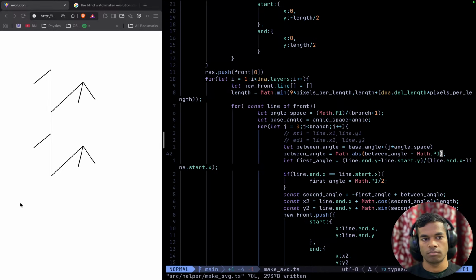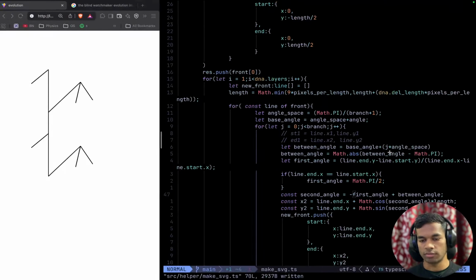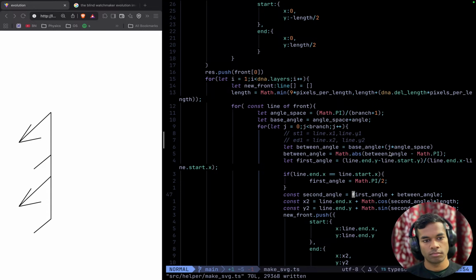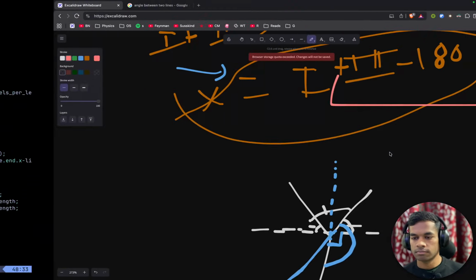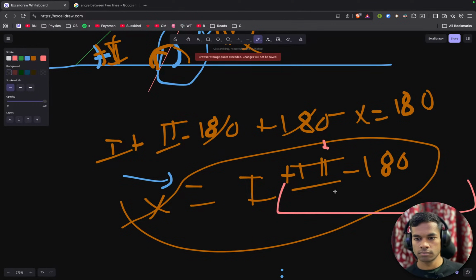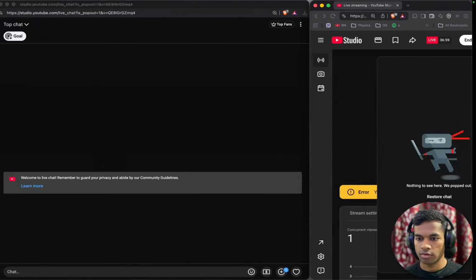Okay, we do see some change, and we have the first angle. And the second angle would be the sum of these two. That is kind of not right. Yep, that is not very right.